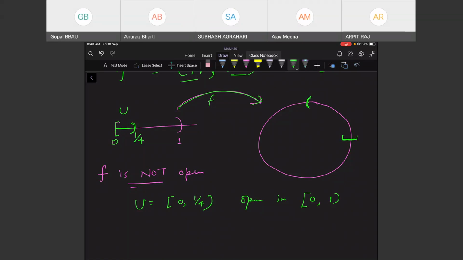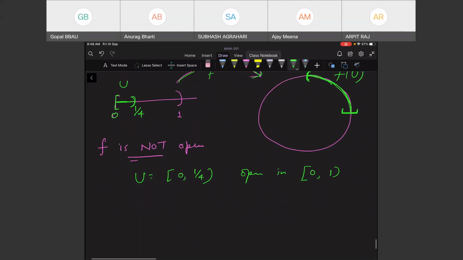So this segment, okay, but this segment is not open in S1. Why? Because it is closed here. You see, this part is closed here, this part is open here. So this is my F(U).